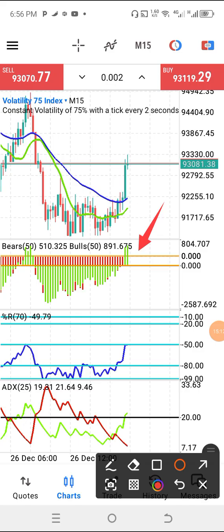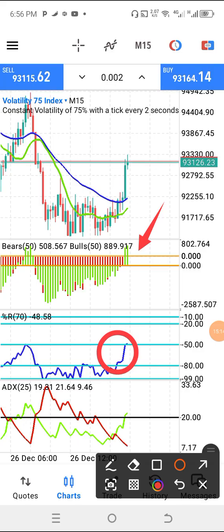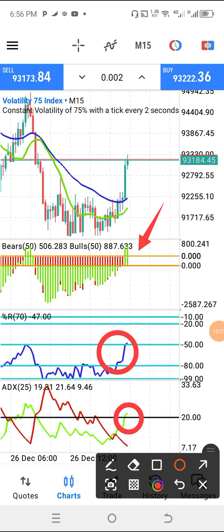Checking here, our Williams range has almost crossed level 50, right? And when you also check here, you see that the positive ADX is above level 25, indicating that there's momentum for buy.